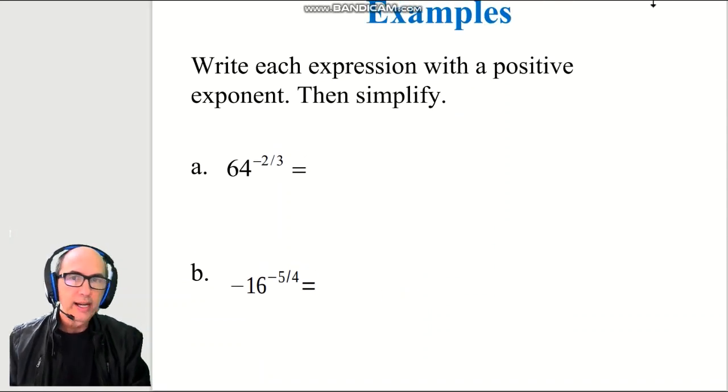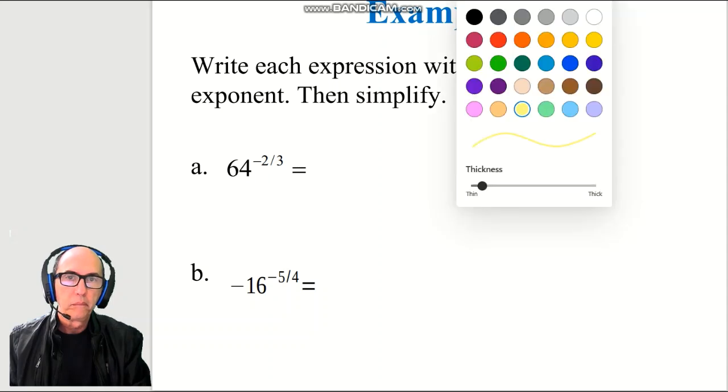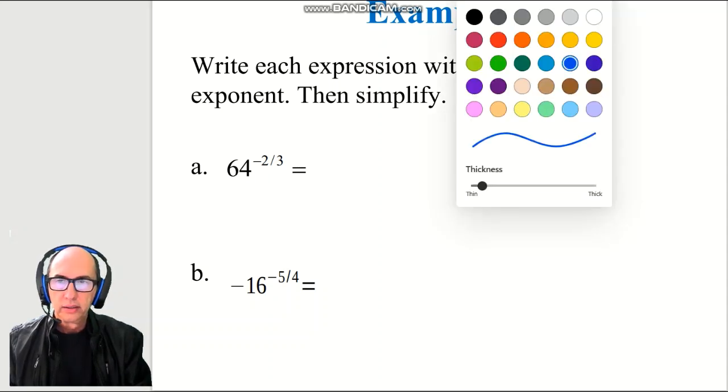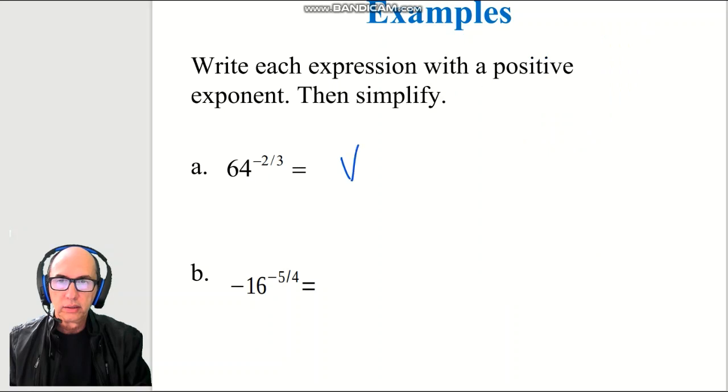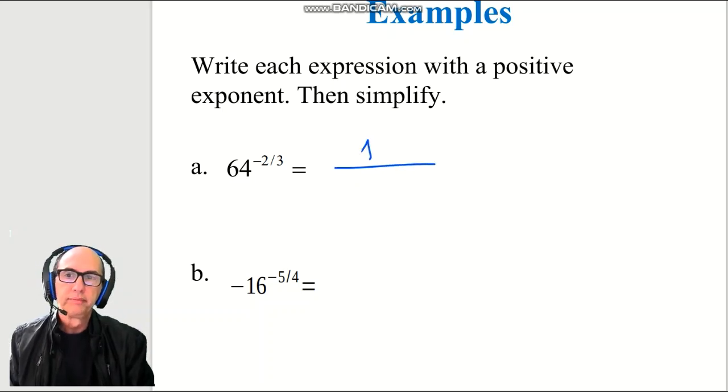64 to the power of negative 2 over 3. Look, we will write 1 over 64, and then this exponent becomes positive.